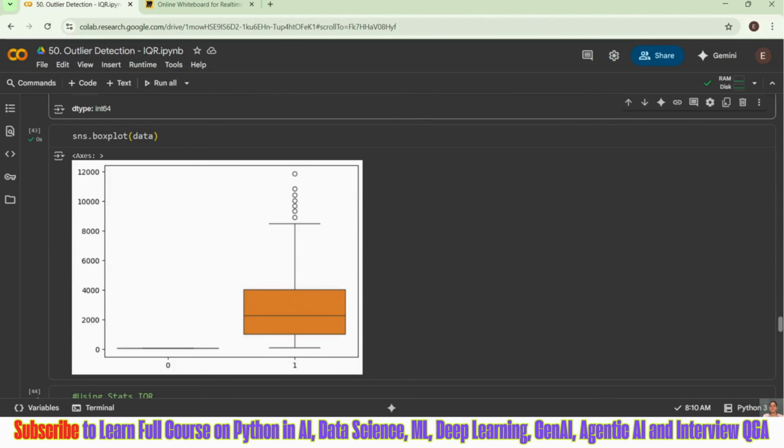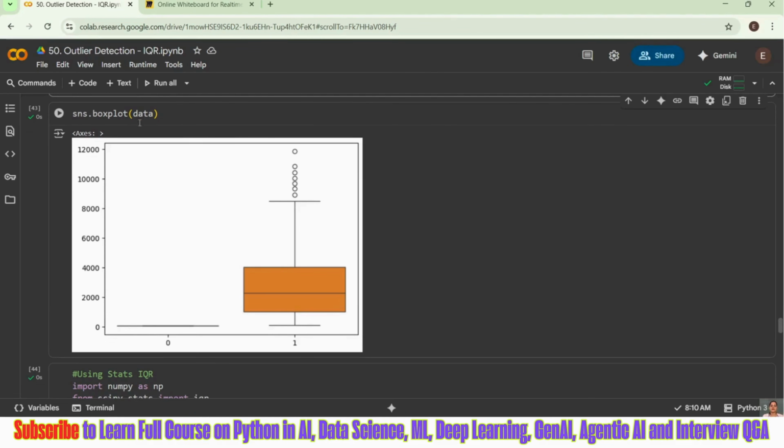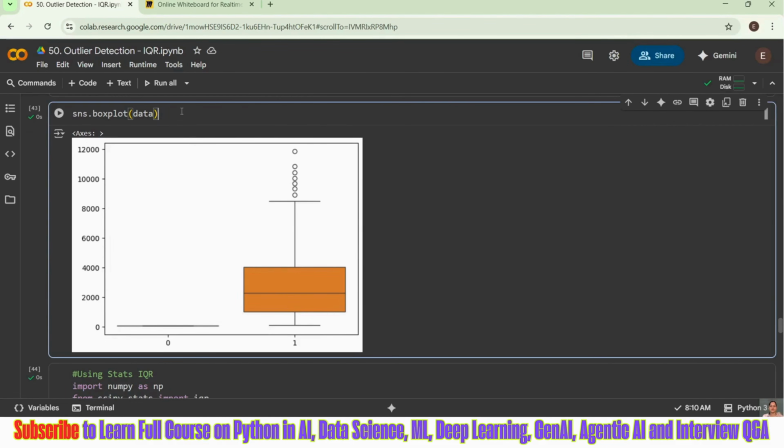How will you manage? You have to either remove them, or treat them with other methods like the logarithmic method, or standardize those values. So I can say that it is very marginal, it is not giving very effective data.